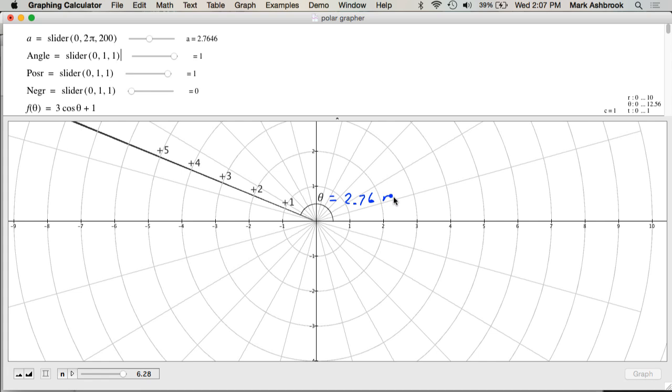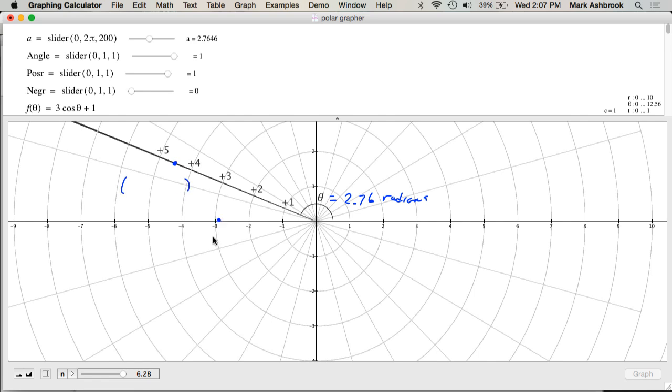And when theta is 2.76 radians, the second coordinate, which is r, or radius, distance from the pole, is measured only along that terminal side of the angle. So 2.76 radians and r equals 4.5 would give you this point right here.